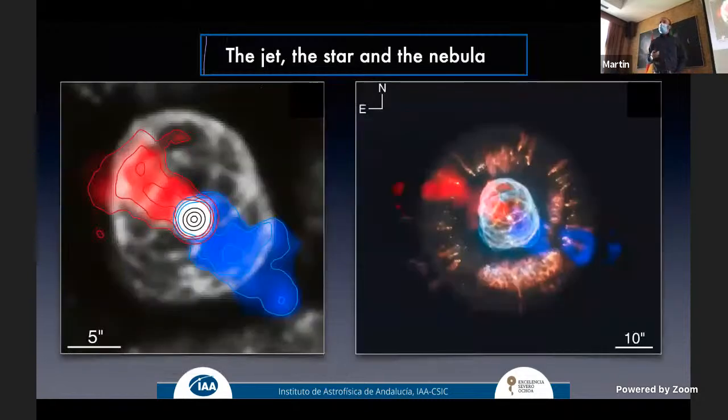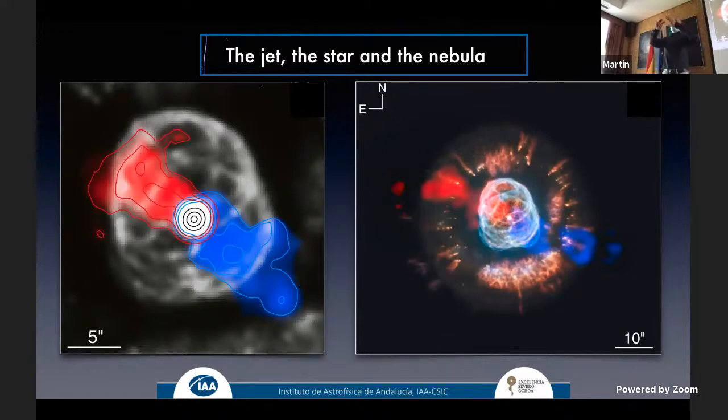So how does the jet compare with the nebula? Well, first thing is that we see that the jet really emanates from the central star. It goes across the inner shell and it gets outside the inner shell. So it's really going across the edge of the inner shell.